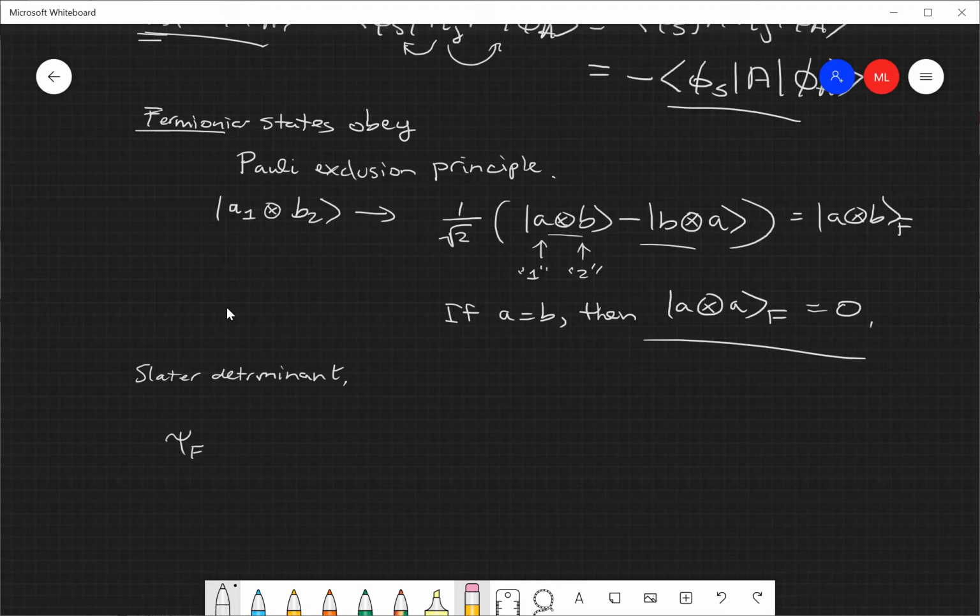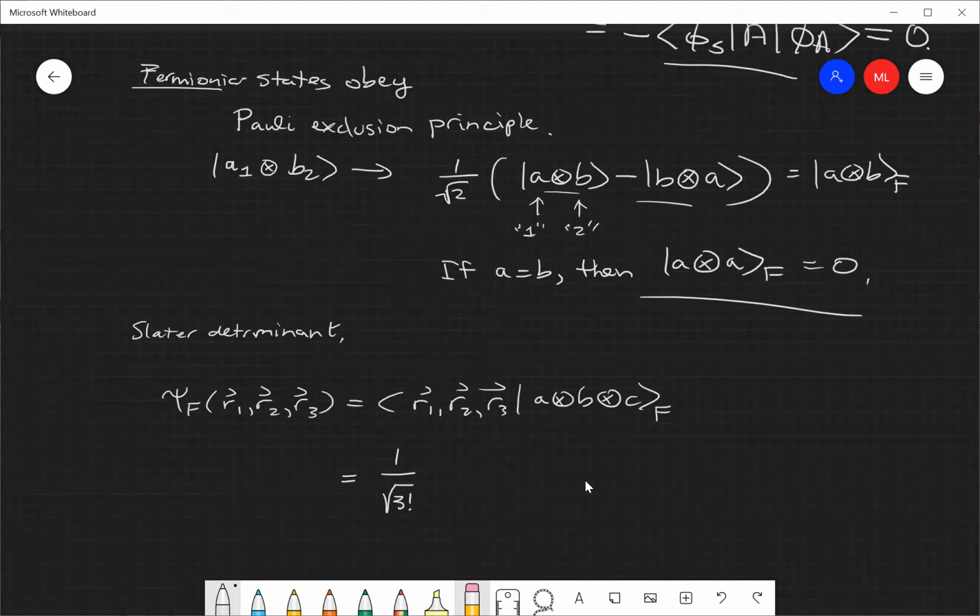Well, there's a convenient way of writing all that. It's in terms of a determinant. This whole thing is equal to 1 over square root of 3 factorial. That's just a normalization, because there will be 3 factorial different permutations of A, B, and C. So the normalization is always 1 over square root of n factorial, where n is the number of particles. And then you can write all the different combinations as a determinant that you would have to multiply out.